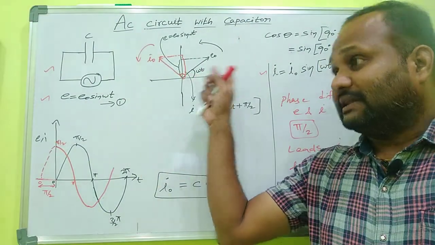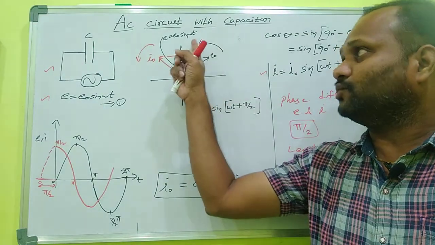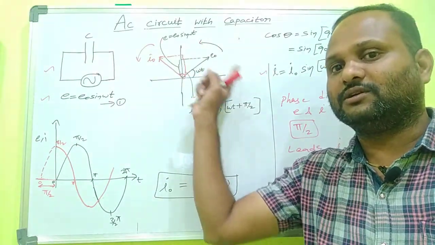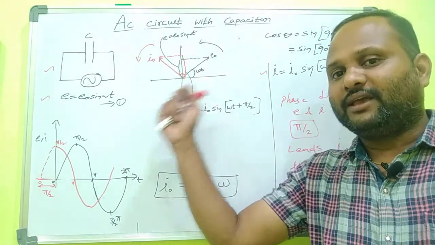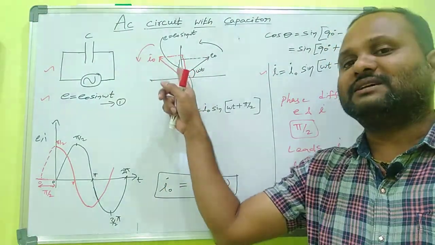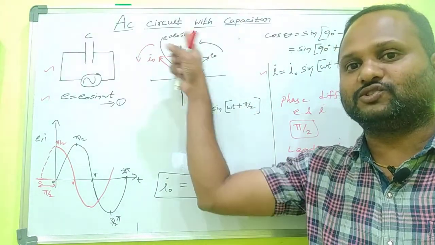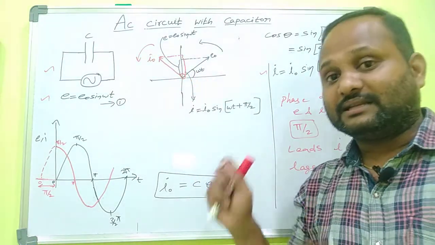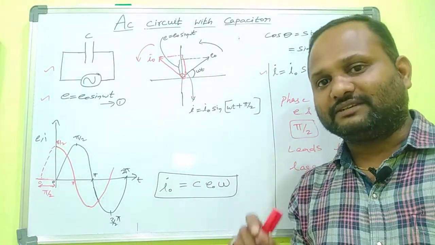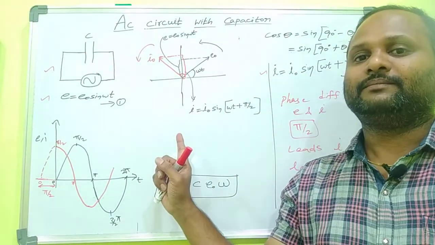So at this instant, EMF goes on increasing and the current goes on decreasing. Why? Because of the phase difference pi by 2 between them. This makes EMF go on increasing and the current go on decreasing at that instant. This is the information given by the phasor diagram.